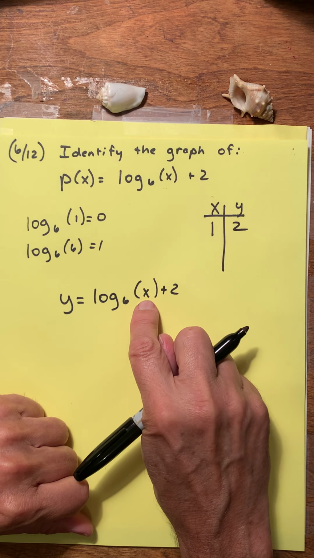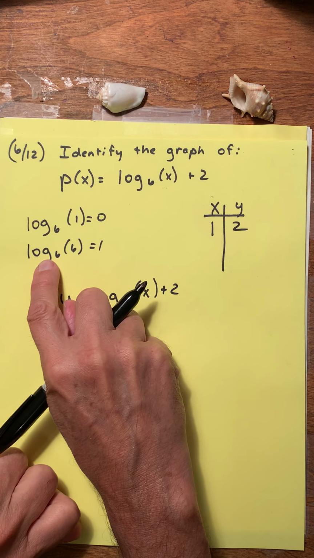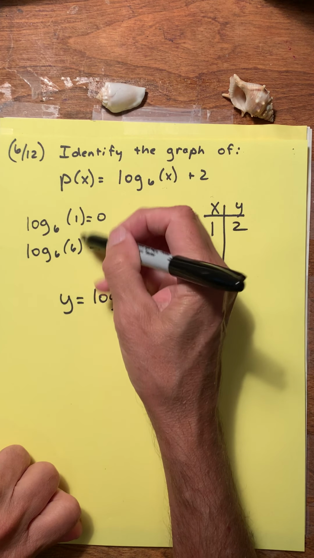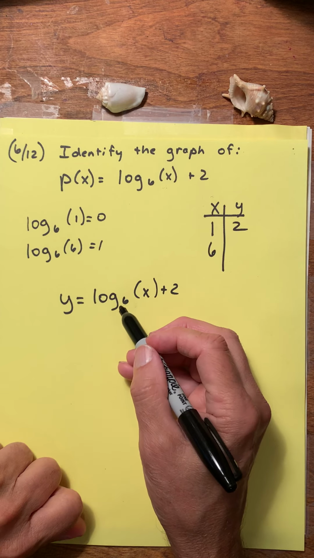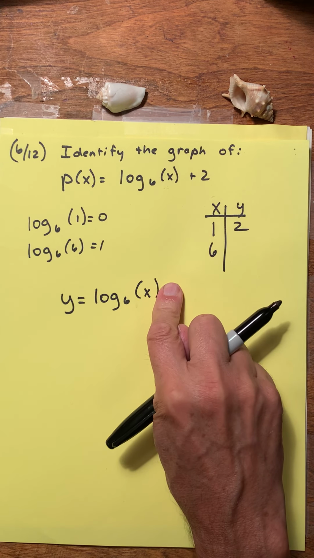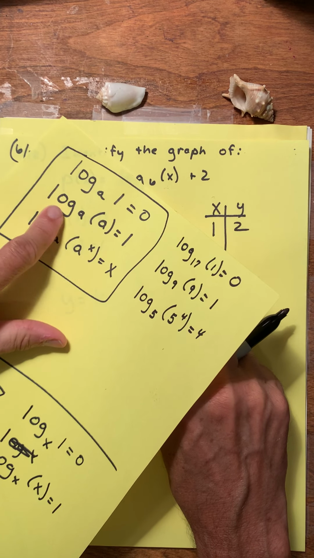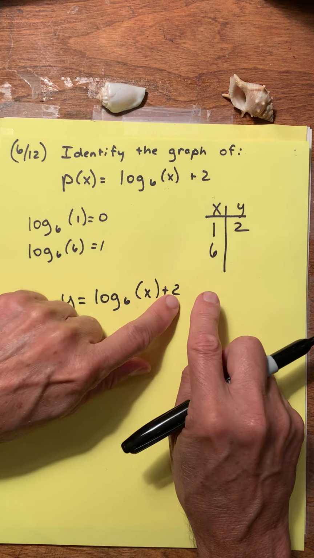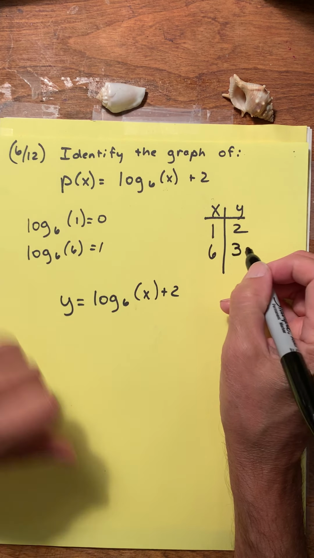Now I'm going to pick 6 for my x because I also want to evaluate log base 6 of 6. Do the ones that are easy. So x is 6. Log base 6 of 6 is 1. 1 plus 2 is 3.